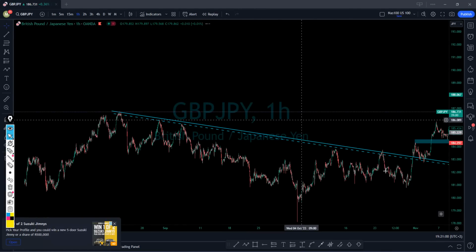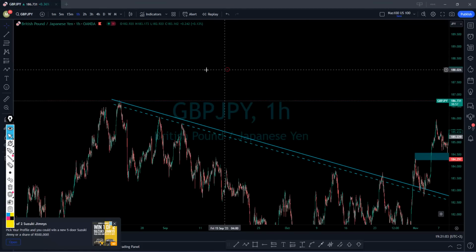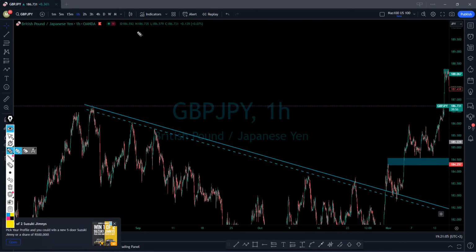So what do we do on 1 hour time frame? Our job is to identify the structures that we get inside the trend. Remember, already we identified the trend. We identified the trend on 4 hours time frame.